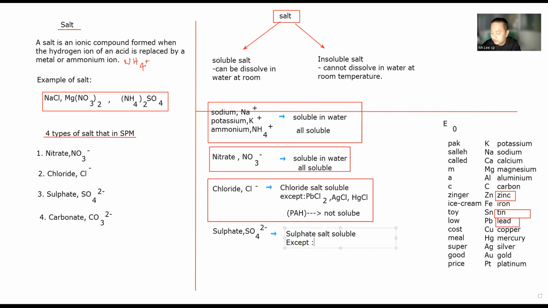No choice, memorize. Lead is Pb, PbSO4. I put in the 4 letters, PbSO4, and BaSO4, and then one more, CaSO4.